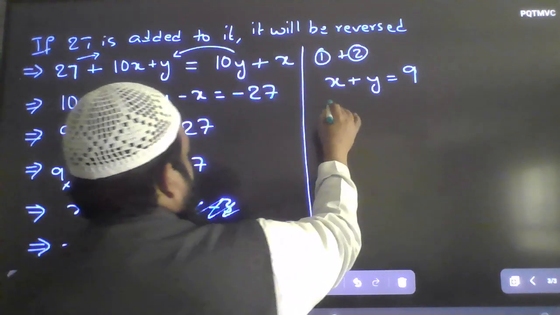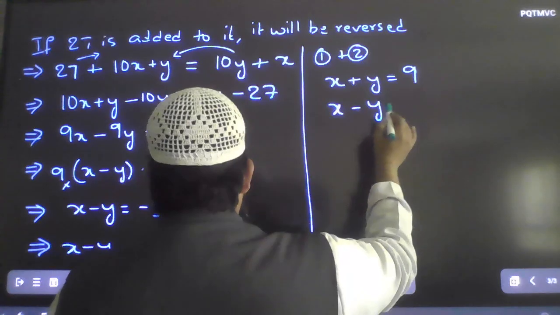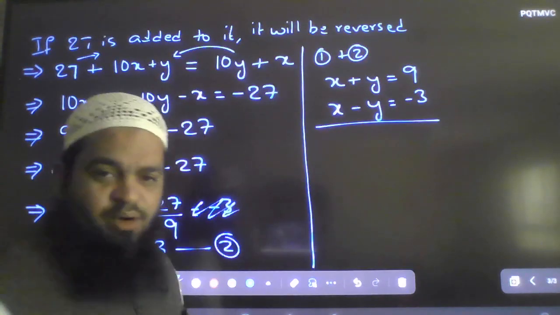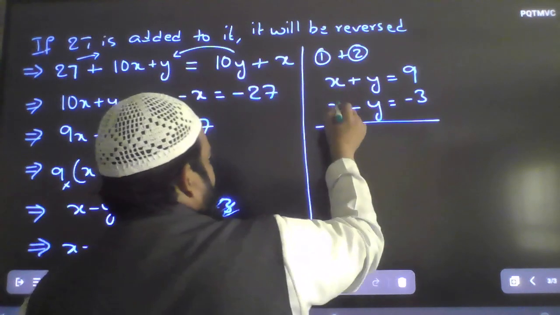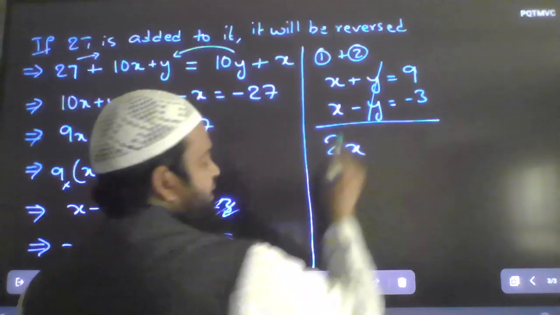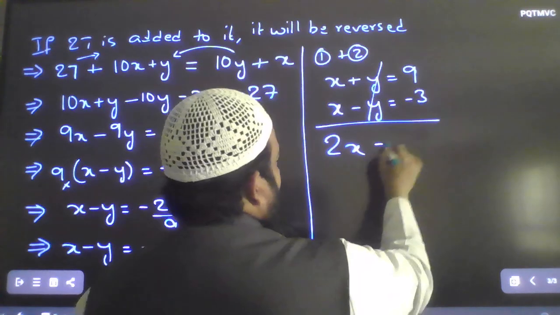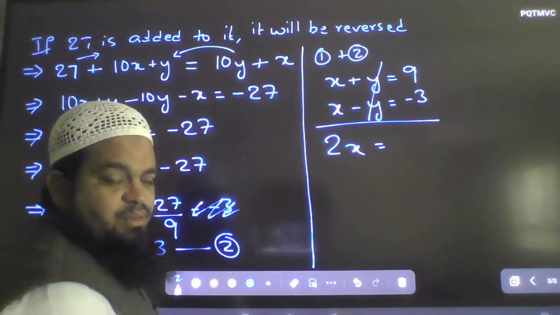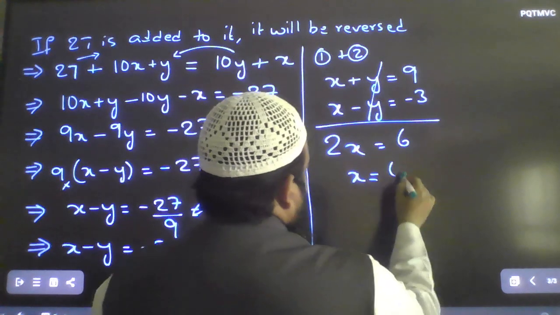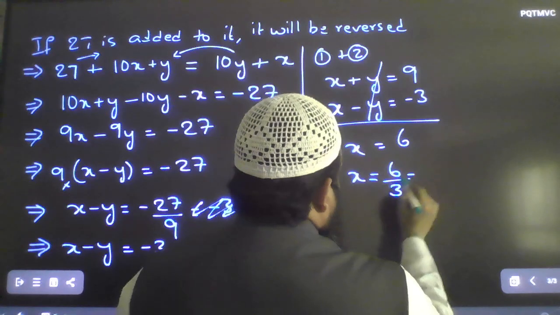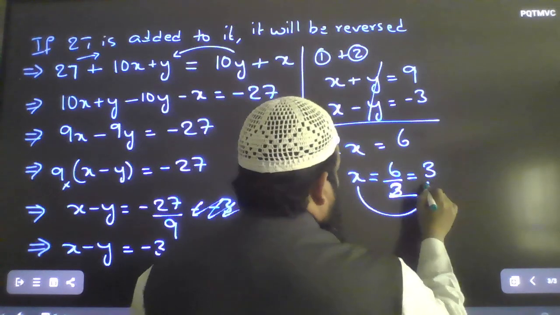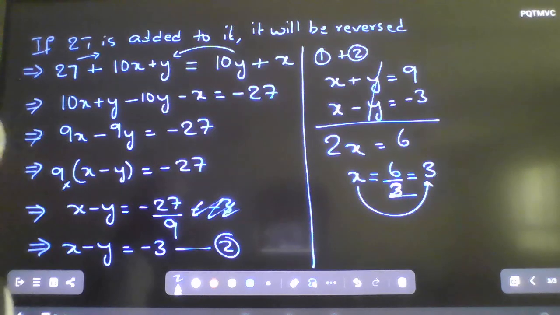The second equation is x minus y is equal to minus 3. If I add, x plus x is 2x, and plus y minus y gets cancelled. That is equal to 9 minus 3, which is 6. And x is equal to, when I transpose 2, 6 by 2, that is equal to 3. So I got x is equal to 3.